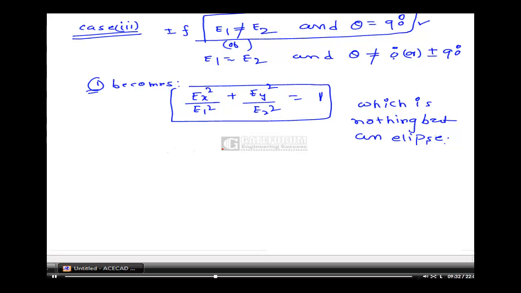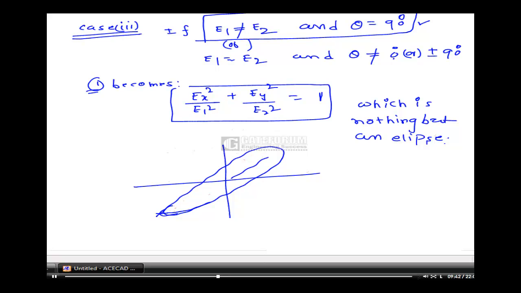That is, the resultant shape is like this, in the form of an ellipse. So this is like this, OP, OQ. So this is the major axis, this is the minor axis of the ellipse.